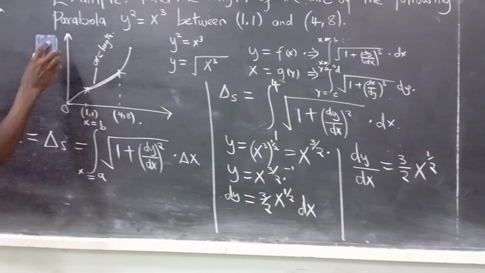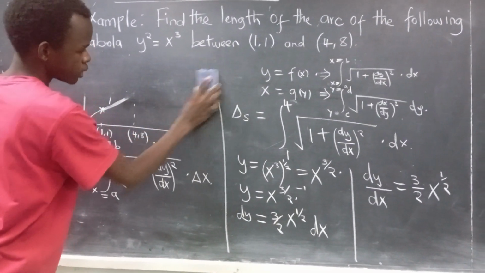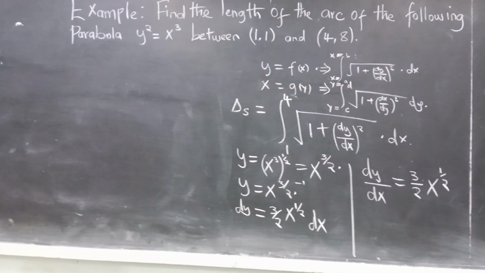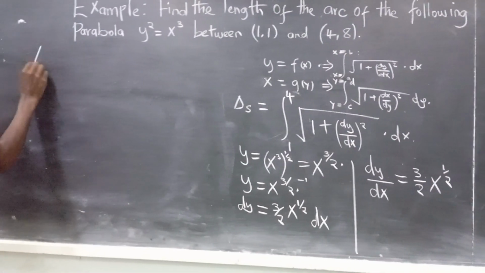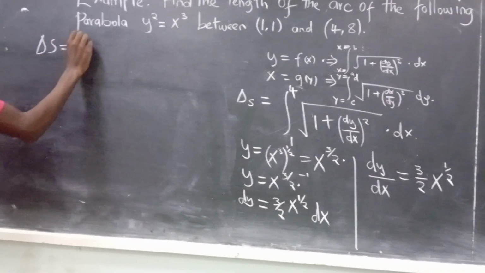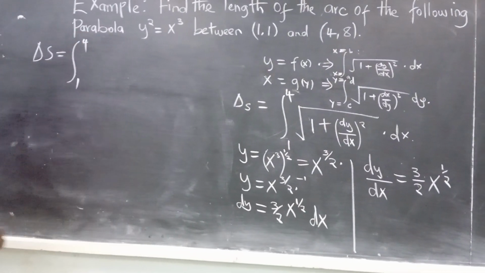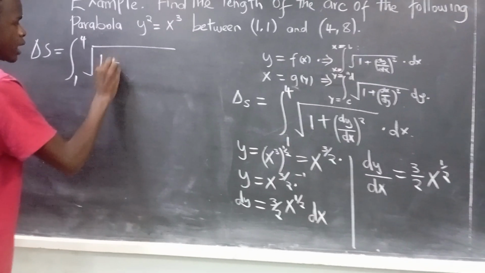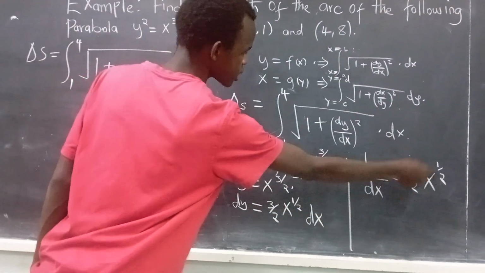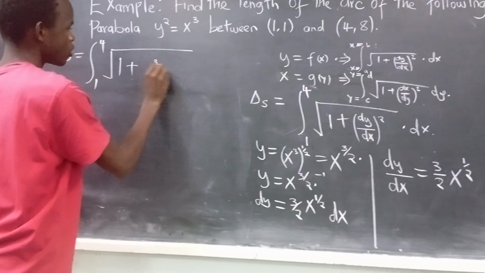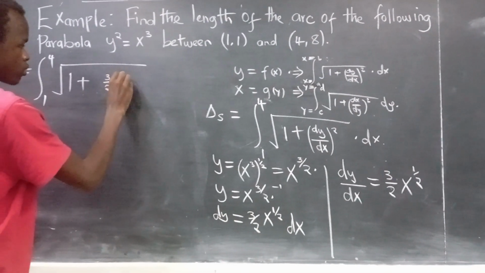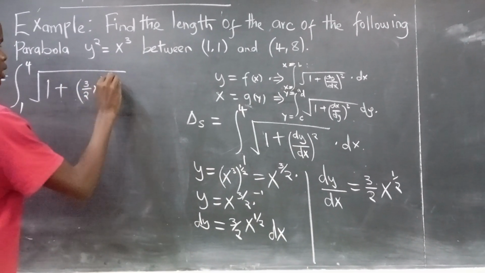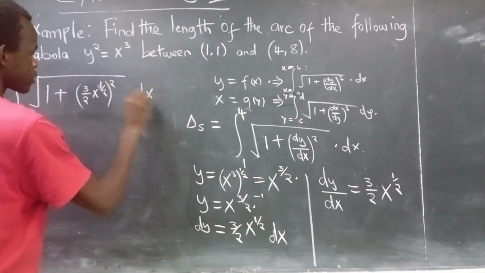Having that, I'll replace that in the formula. So we get our answer as ds equals the integral from 1 to 4 of the square root of 1 plus 3 over 2 x to the half, and I will square that, with respect to dx.